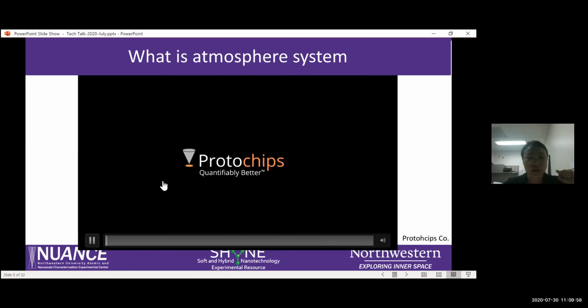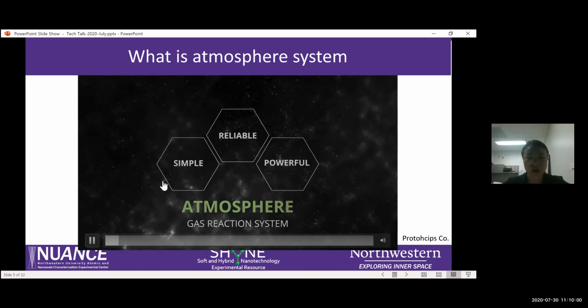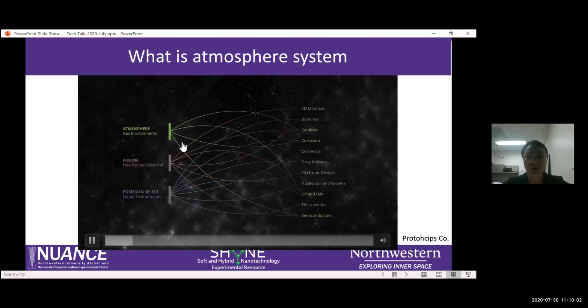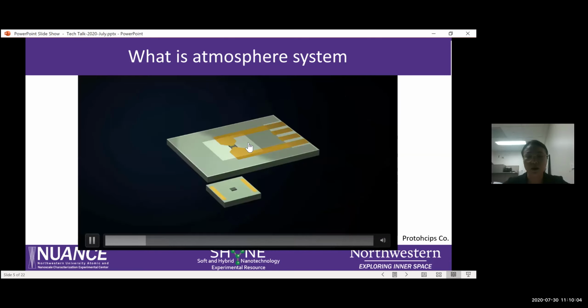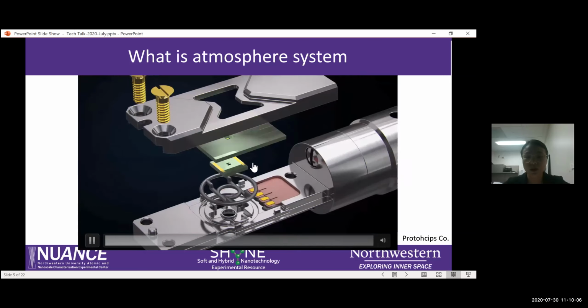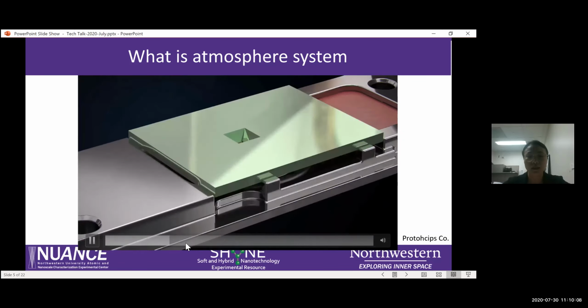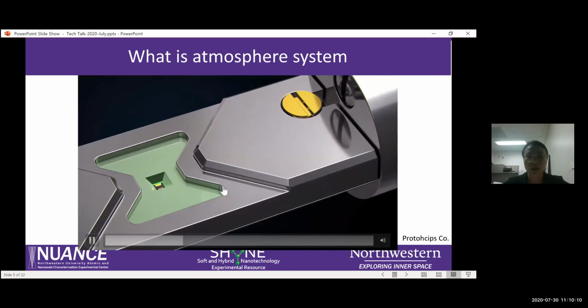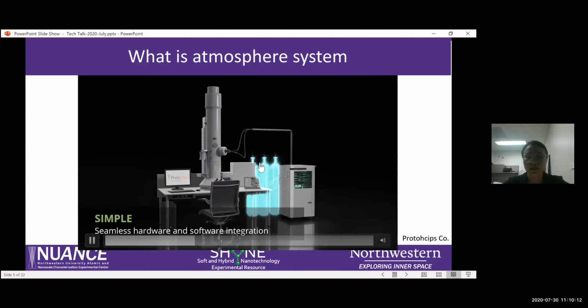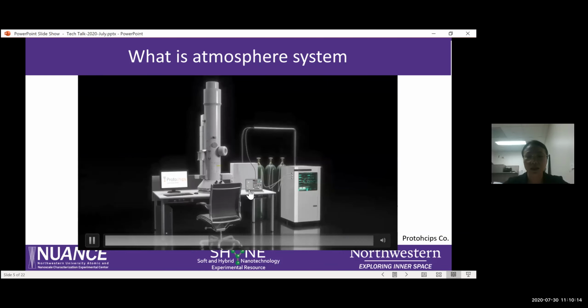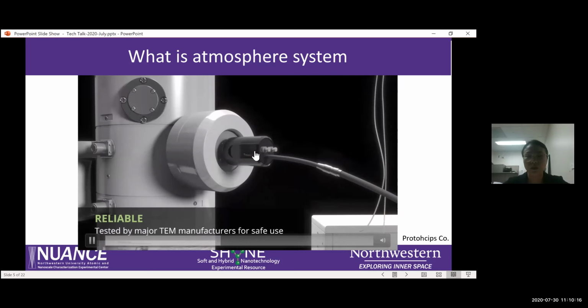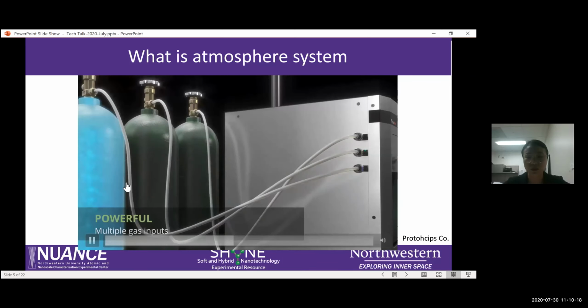This is a marketing video from the company. We can see a general introduction of the in situ system. This is how the chips are assembled into the holder and sealed by the lid and screws, then the electrode heating and the control system, and how the holder is assembled into the microscope.